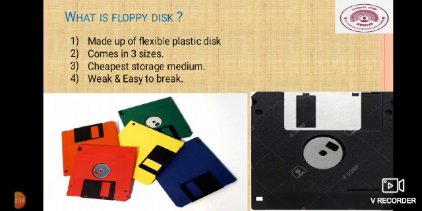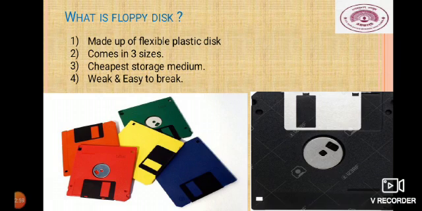This magnetic tape is in the form of plastic covered with magnetic material. Floppy disks have a storage capacity ranging from 81 KB to 240 MB. They are made up of flexible plastic disk.